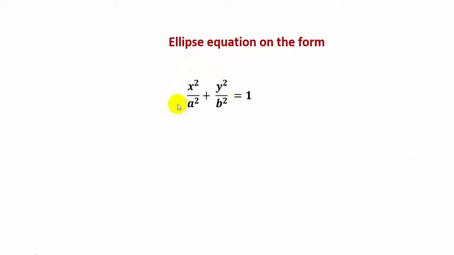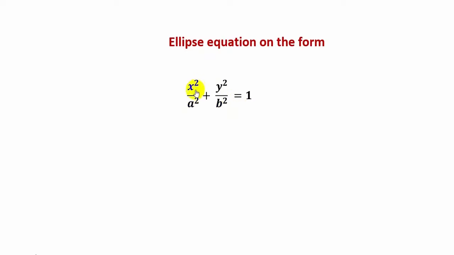Okay, let's see our ellipse equation. It was in this form: x squared over a squared, where a is the maximum axis, plus y squared over b squared, where b is the smaller one, equals one.